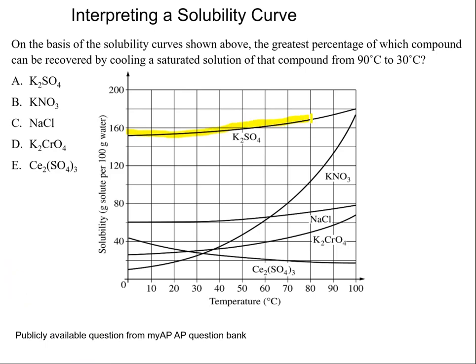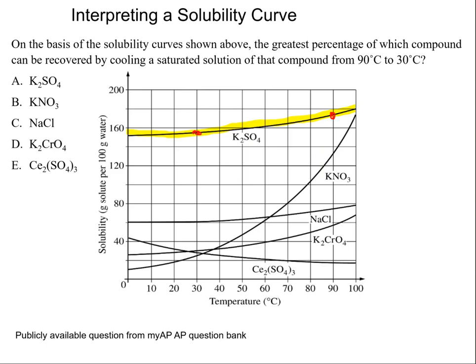So I'm highlighting the solubility curve for potassium sulfate. This is a combination of all the temperatures that will represent a saturated solution. So for example, at 90 degrees Celsius, we can dissolve about 175 grams of the potassium sulfate, and at 30 degrees Celsius, we can dissolve about 155 grams.